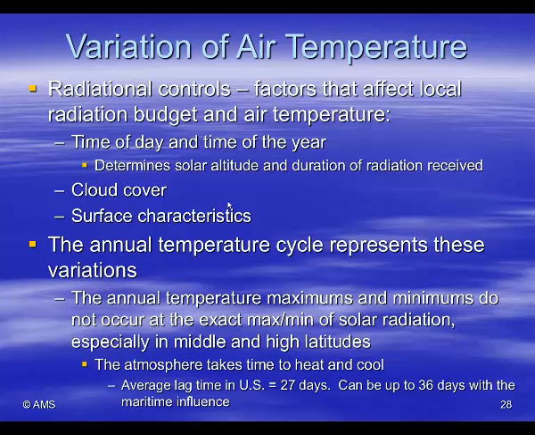It's also controlled by cloud cover. If we have a lot of clouds, then the surface isn't going to heat up so fast. And also by surface characteristics. As we said, sand heats up much faster than water does.